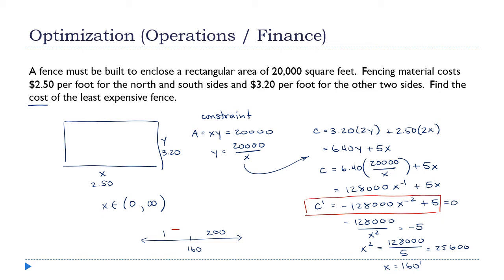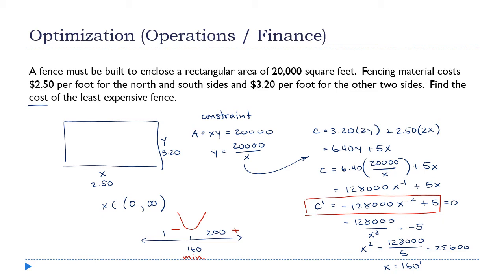That's 3.2, but it's negative, because of that minus sign out in front. So that's negative 3.2 plus 5, which is a positive number. So the function is decreasing and then increasing. So 160 is giving us a minimum. Excellent. That's what I wanted.